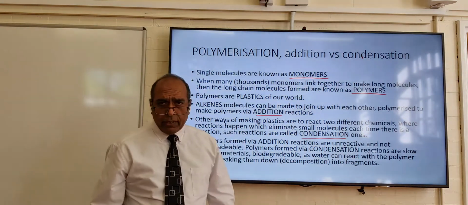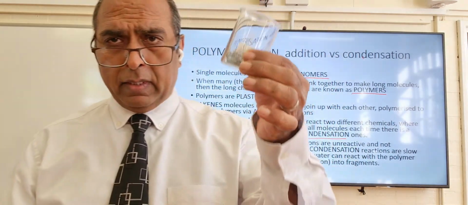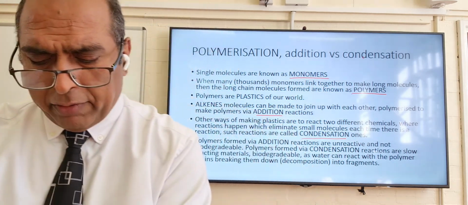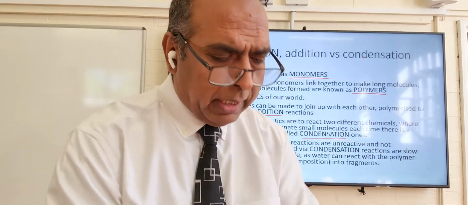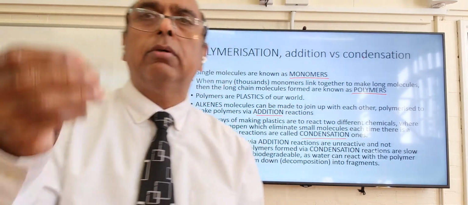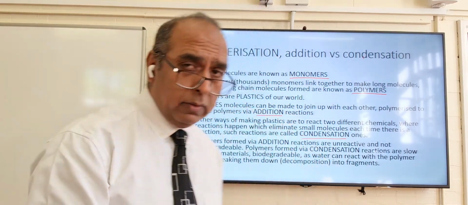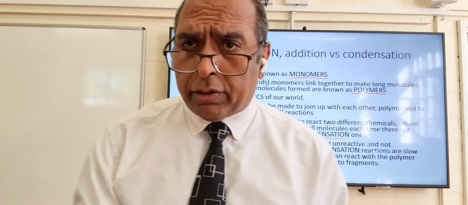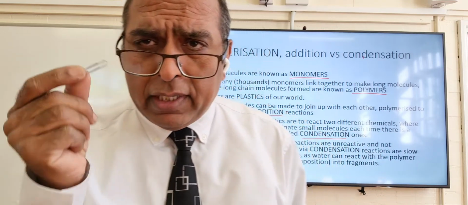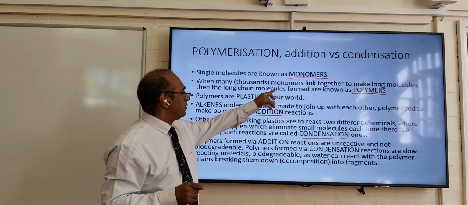So let's start with a little demonstration to you. Here I've got paper clips. Now, if each of these paper clips represents a molecule, I want you to call single molecules that we're going to link together and make really long chains, the individual single molecules, monomers.